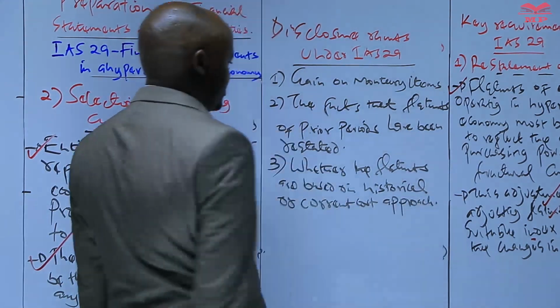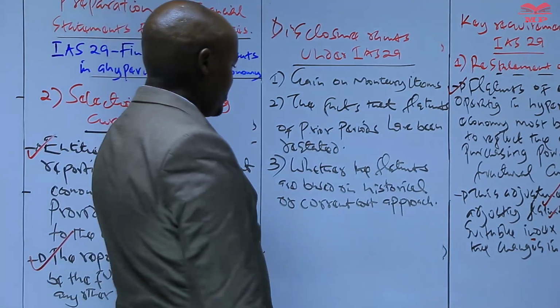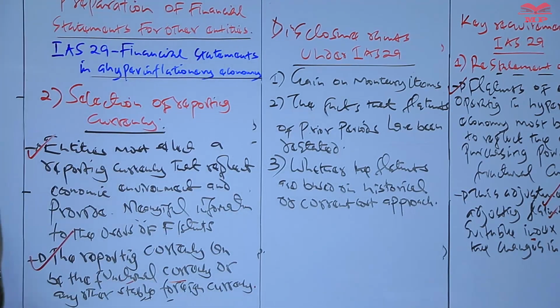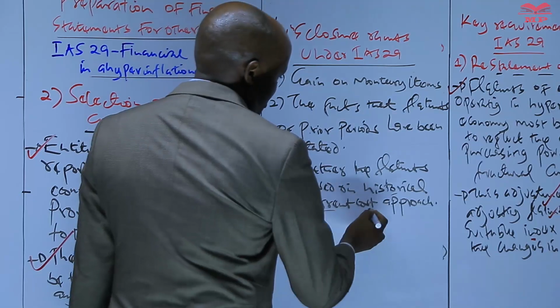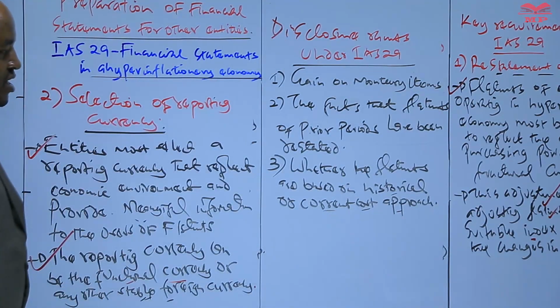So entities operating in a hyperinflationary economy are required to disclose whether the financial statements which have been prepared are based on the historical or the current cost approach.